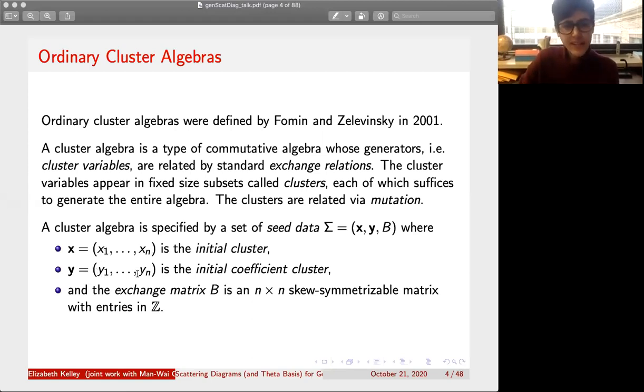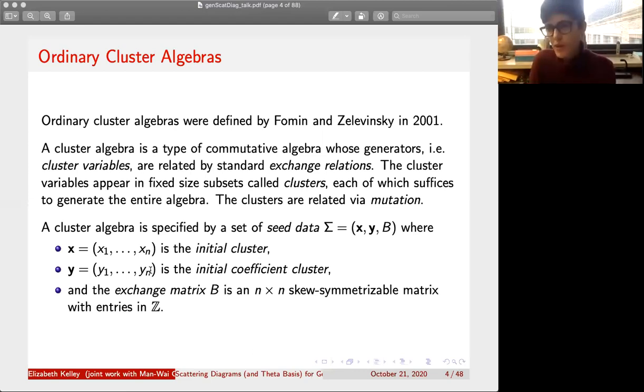And then it contains what's called a coefficient cluster. These are the y variables. And this coefficient cluster is the same size as the cluster. And then it also contains an exchange matrix, which has integer entries and is skew symmetrizable. And this matrix is what tells you how to write down the exchange relations.